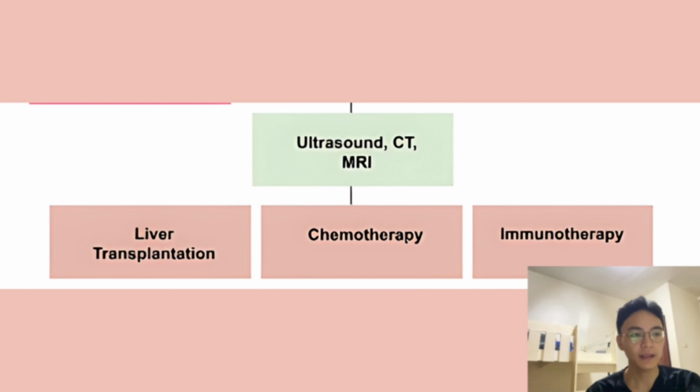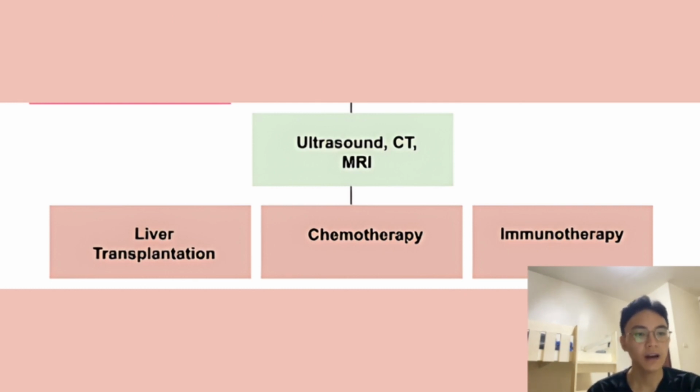Liver transplantation may also be indicated for patients with underlying liver cirrhosis, the scarring of the liver, or liver dysfunction secondary to chronic Hep B or C, alcoholic liver disease, and of course NAFLD or other liver conditions.